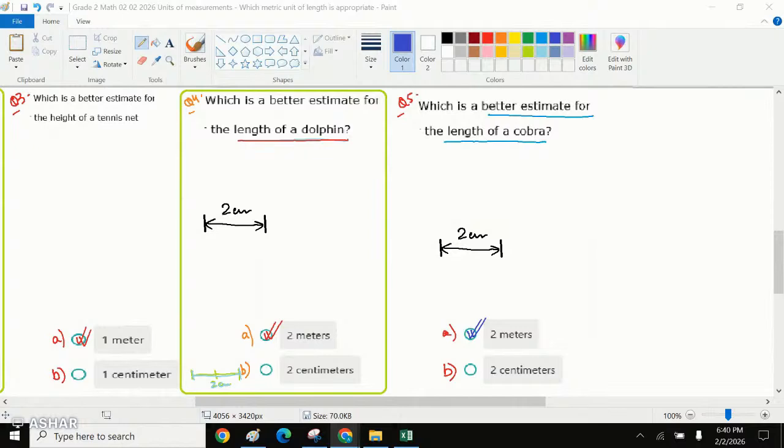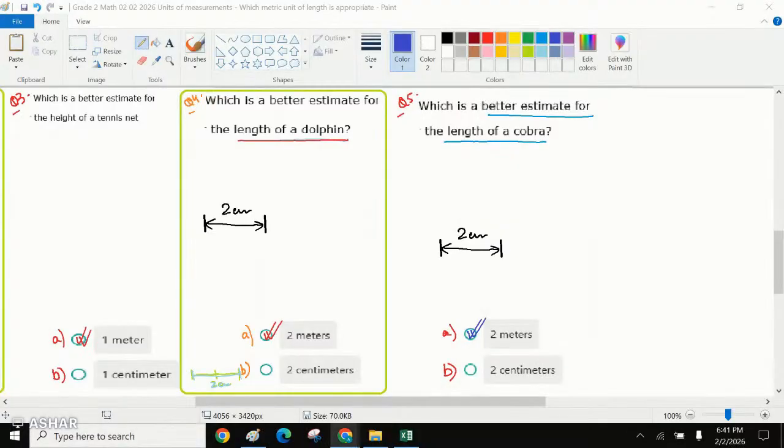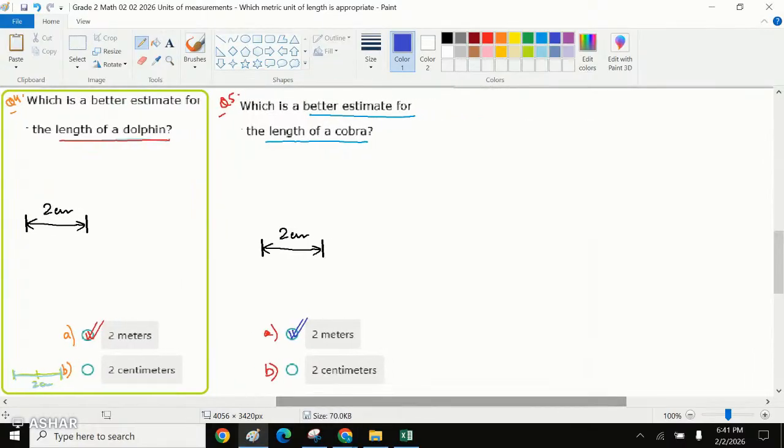Moving ahead to the next question. Which is a better estimate for the length of a car key? We know that meters is used for very big lengths, right?